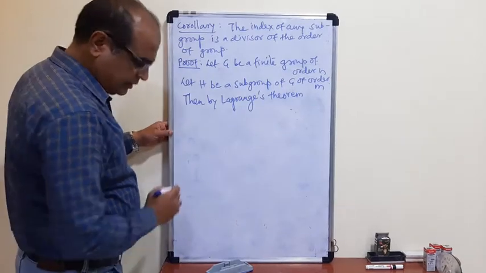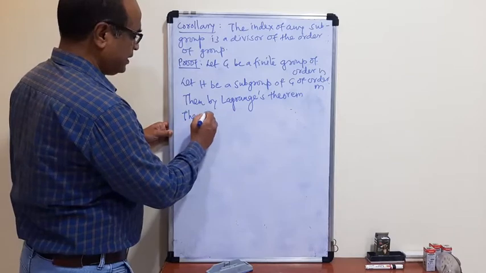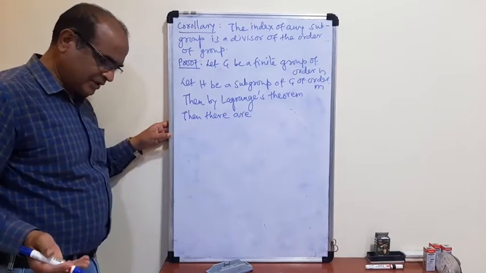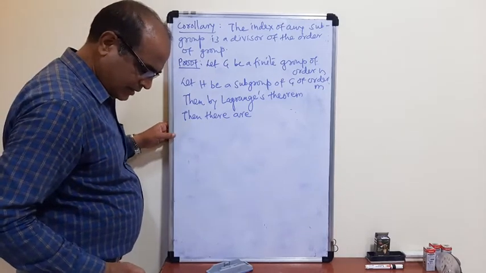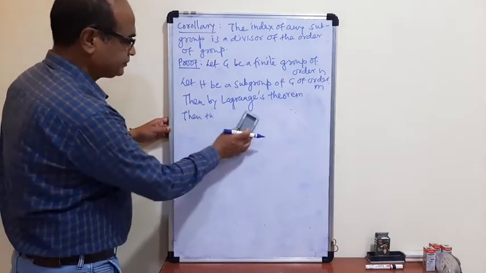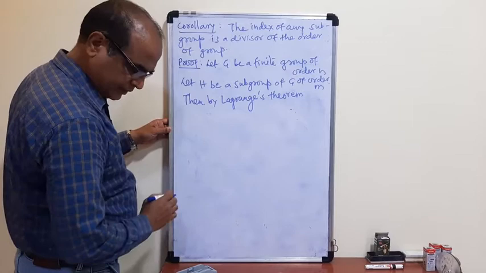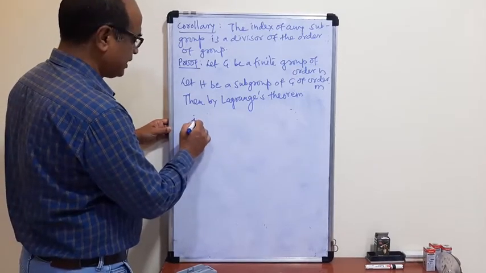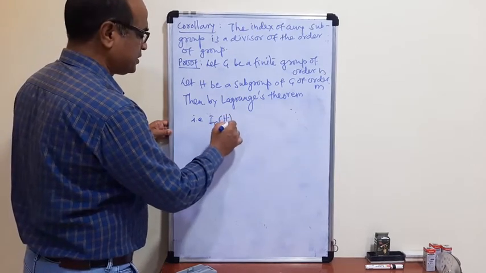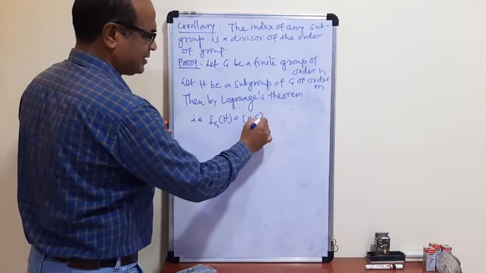So then there are a number of distinct right cosets. That is, the index of H in G, which is the notation here.